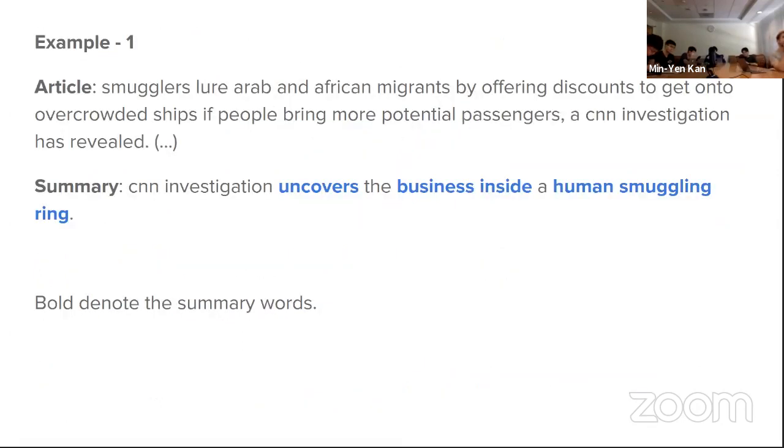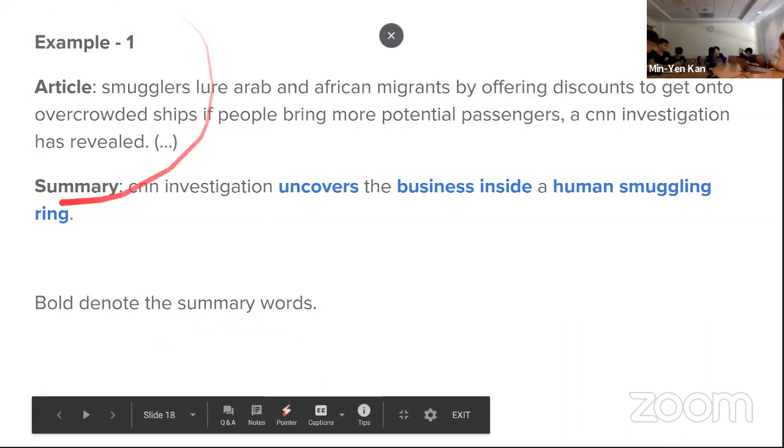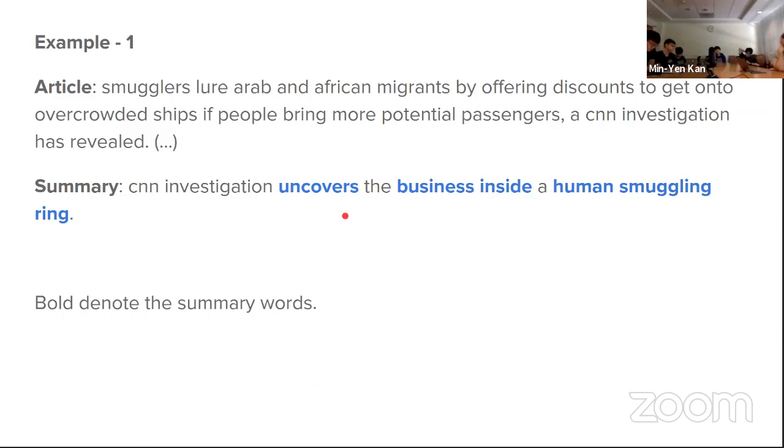So just some examples that they thought were good in the paper. They put these in to show the out of vocabulary words that the system is able to produce. The article goes: smugglers lure Arab and African migrants by offering discounts to get onto overcrowded ships if people bring more potential passengers, a CNN investigation has revealed.